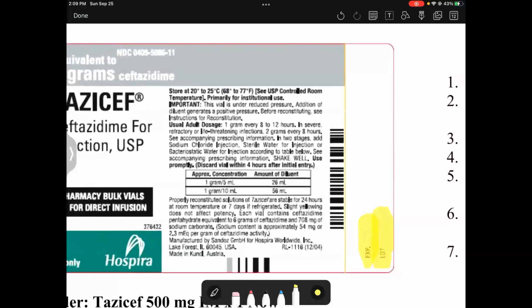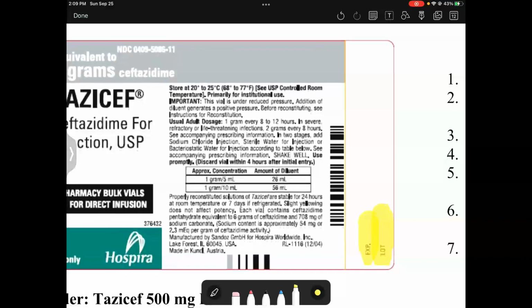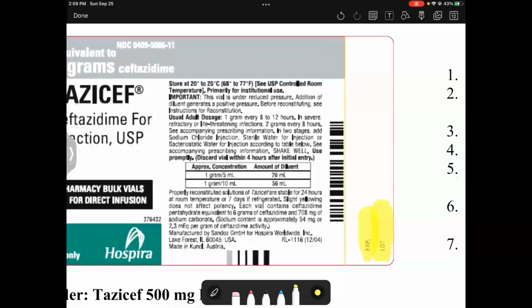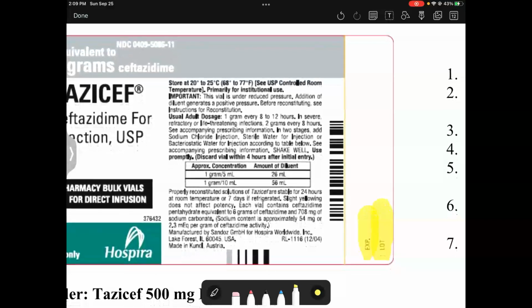So that's the kind of diluent that we're going to mix. And then it says here sterile water for injection or bacteriostatic water. So we can choose any of the 3 options that we have. And it says here, according to the table below. See accompanying prescribing information, shake well.